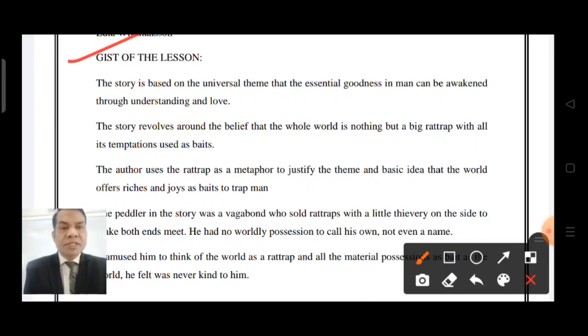The author uses the rat trap as a metaphor to justify the theme and basic idea that the world offers riches and joys as baits to trap man.